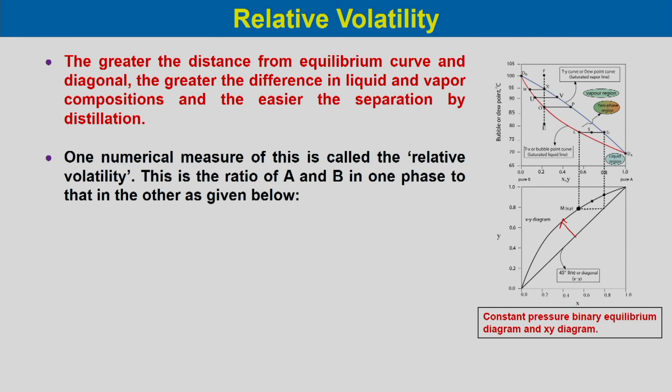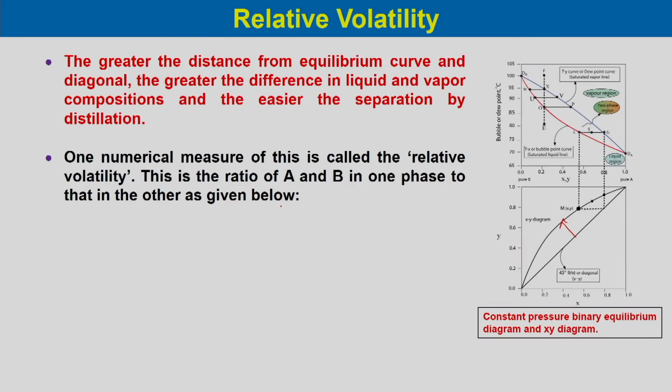So, one numerical measure of the ease of separation is called the relative volatility. This is the ratio of A and B in one phase to that in the other phase, which can be represented by alpha equal to y divided by 1 minus y, divided by x divided by 1 minus x.